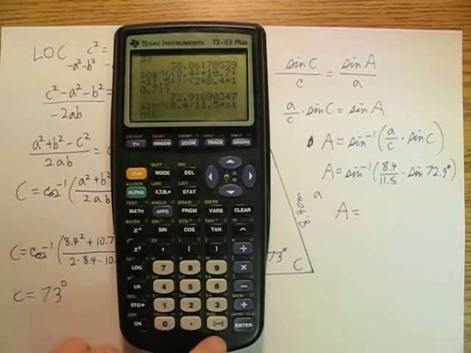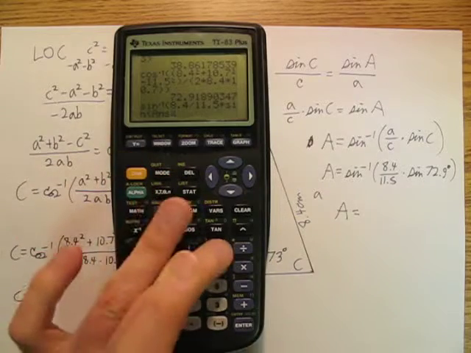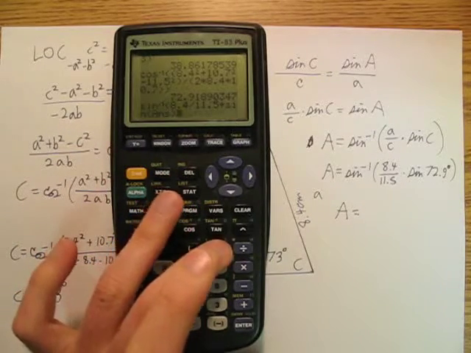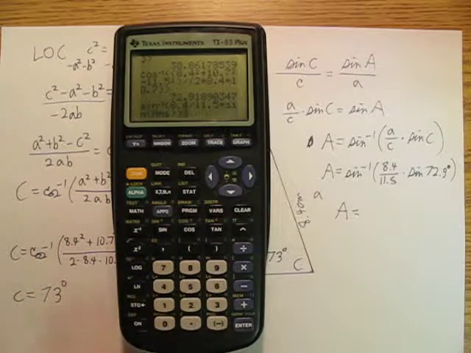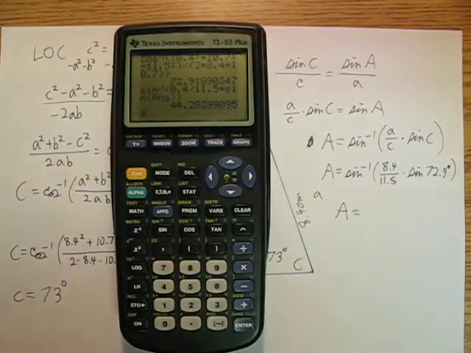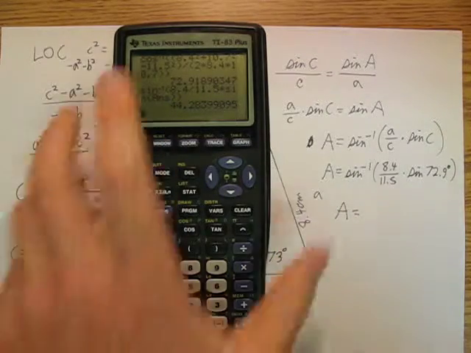So I'm going to go down to this button here, second answer, and that's going to pull down the 72.91890347 for me, so that I don't have to retype it and I don't have to worry about rounding issues. Close the next set of parentheses, hit it, I get 44.28 degrees, so I'm going to call it 44 degrees.